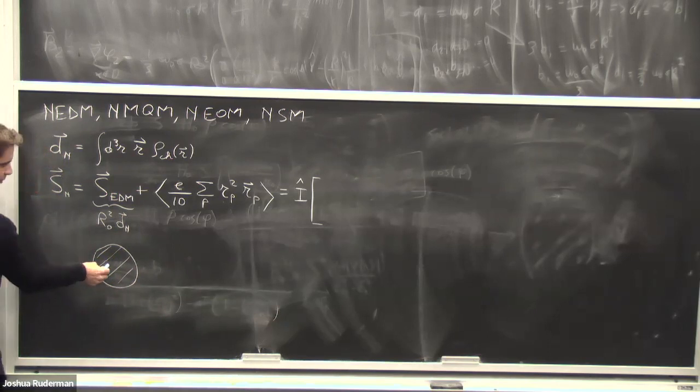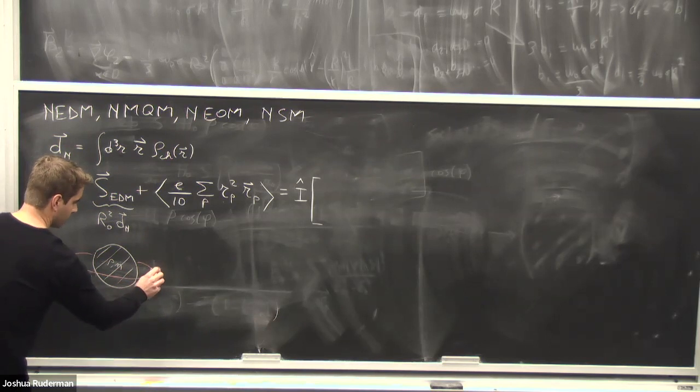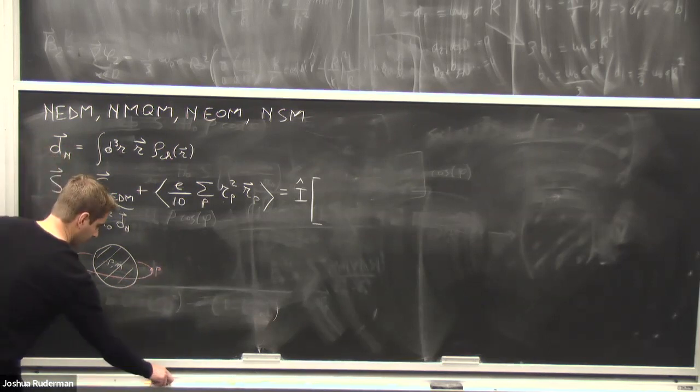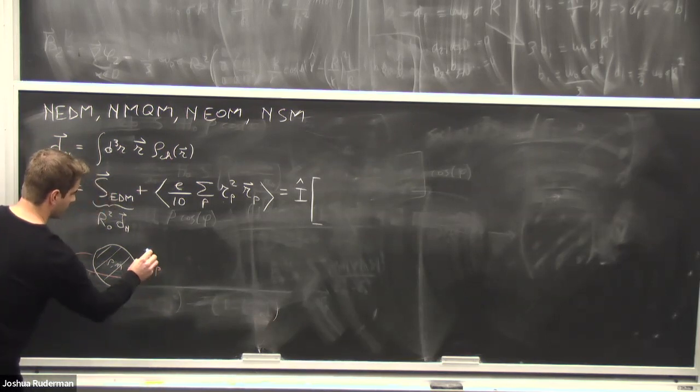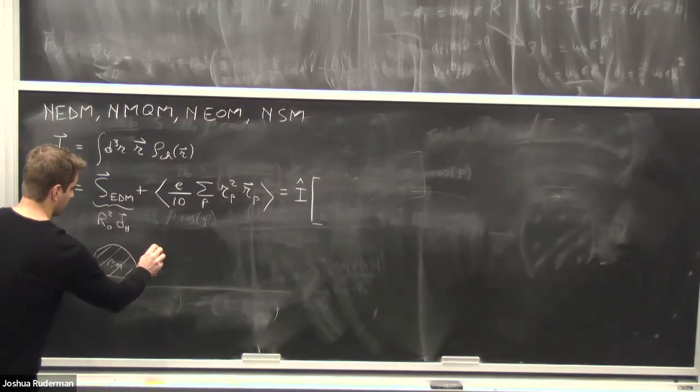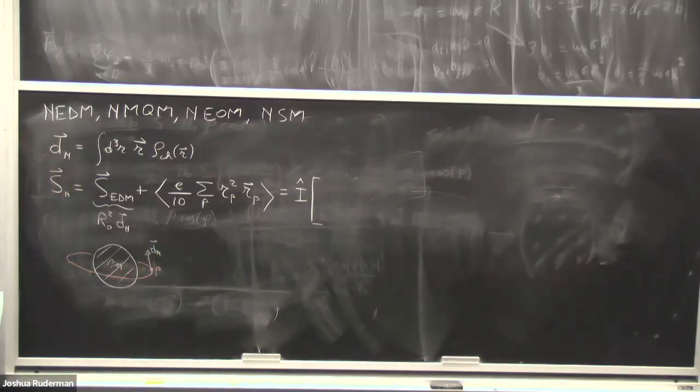Then the core would be a proton and a neutron, and encircling it would be a valence nucleon, which would be another proton. And if this proton has an electric dipole moment, then it acquires a shift moment of this size.